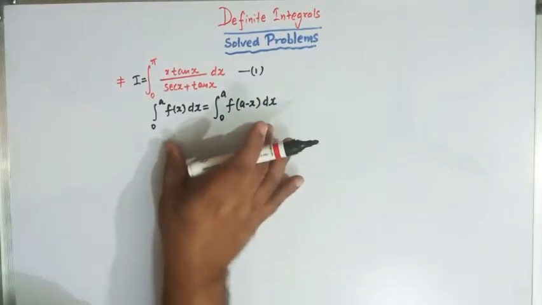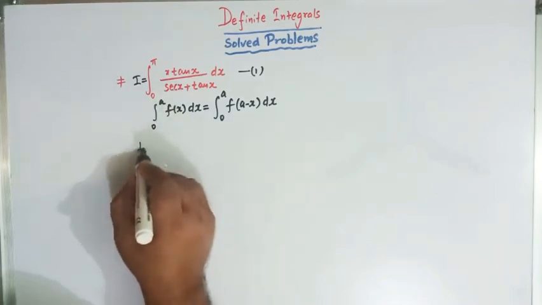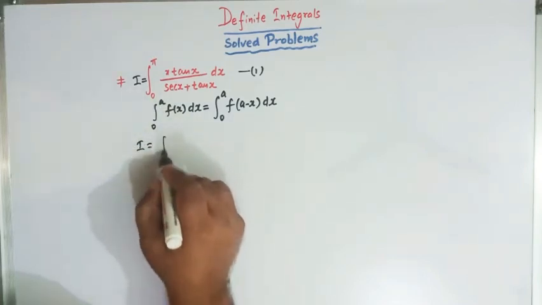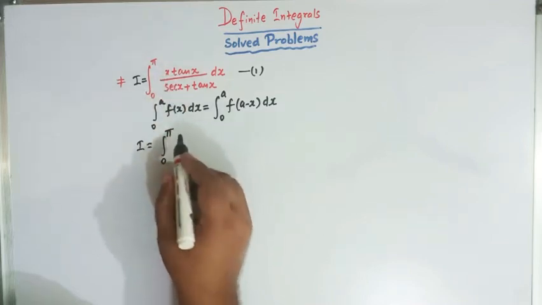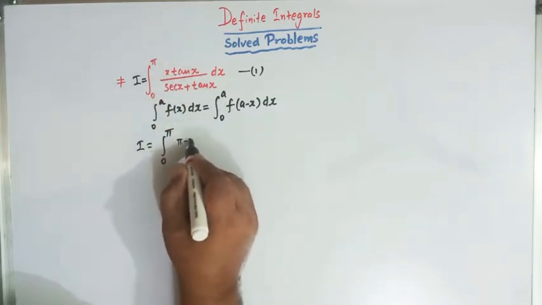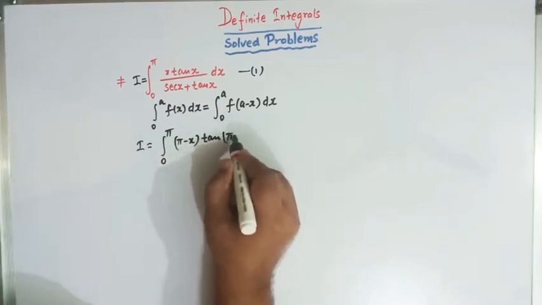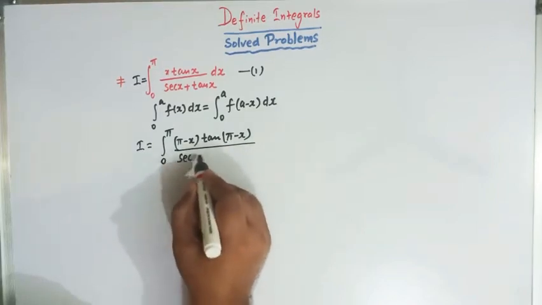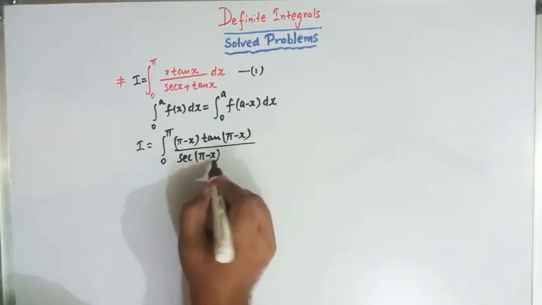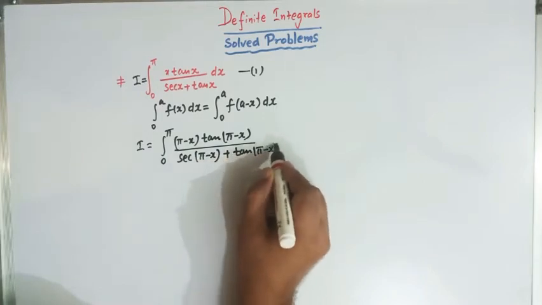Applying this property to this integral, it becomes I is equal to the integral from 0 to pi, and for x we have pi minus x, then we have tan of pi minus x divided by sec of pi minus x plus tan of pi minus x.